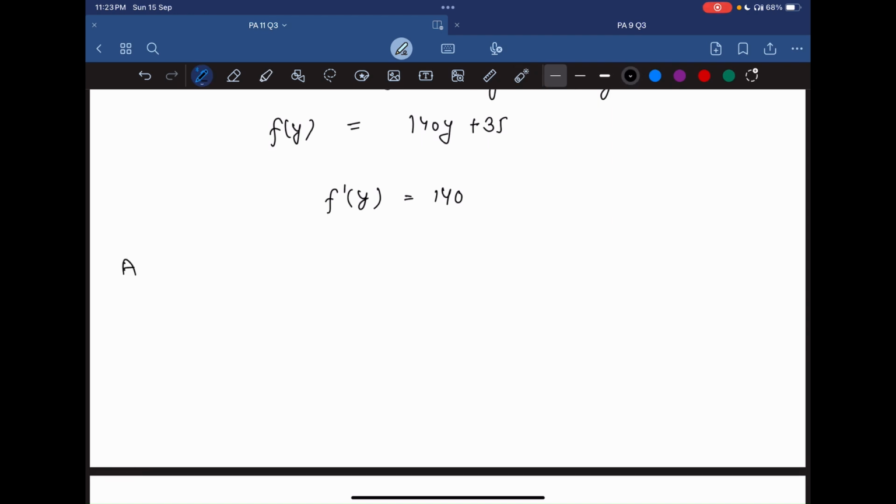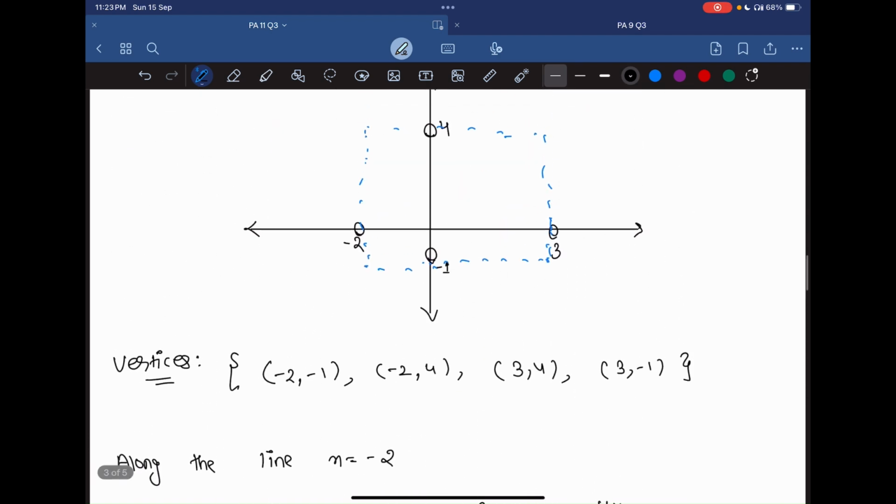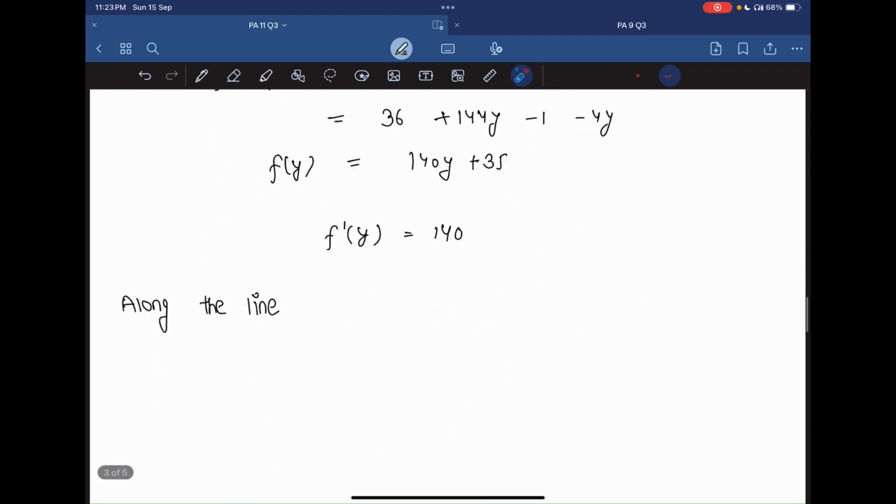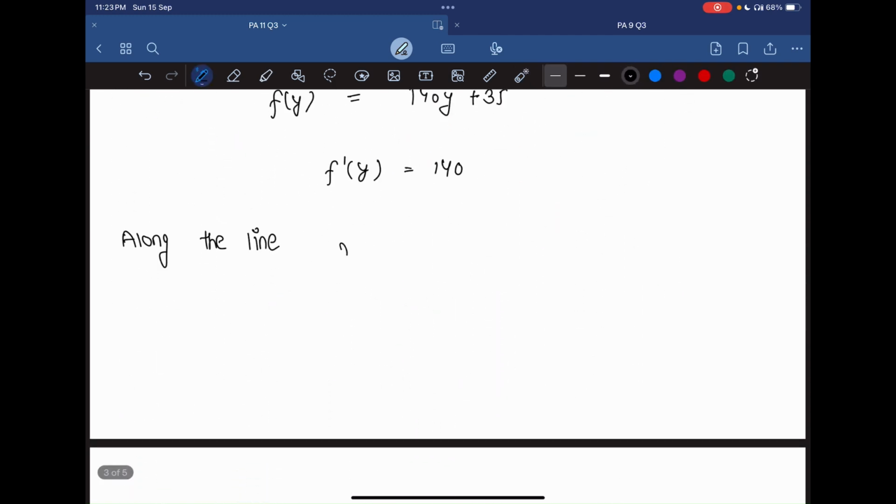Now, similarly, if we check along the line x equal to 3, our function would become f of 3 comma y.